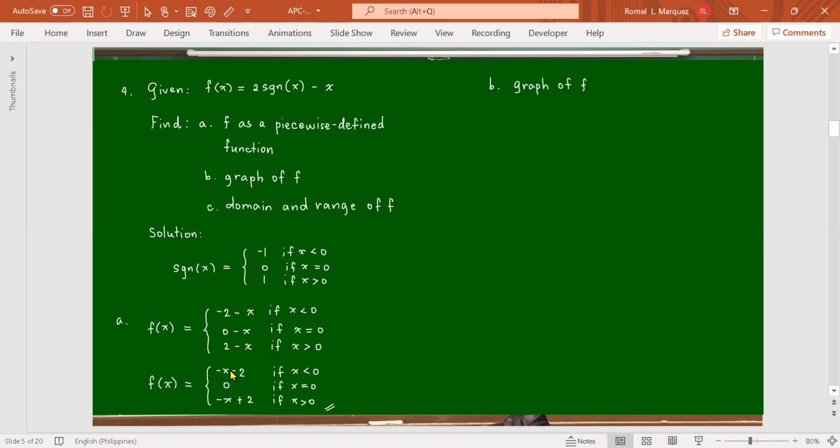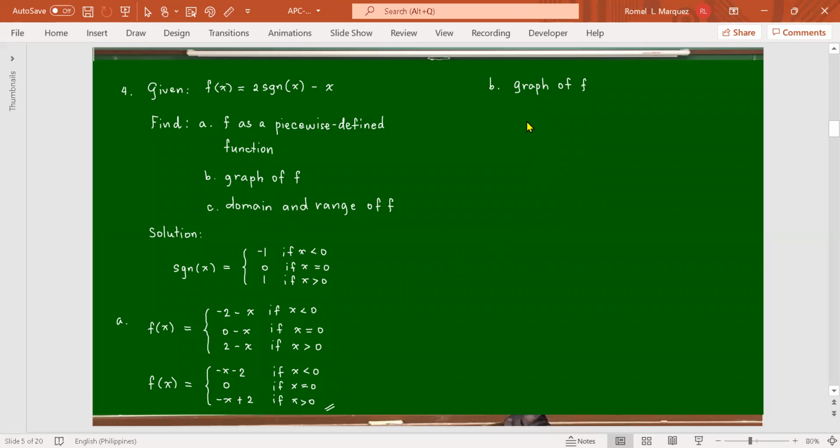Are they connected? Is the first one connected to the second one? It's not, because if x is 0 here, it is negative 2, and if x is 0 here, it is positive 2. So the graphs are not connected. There is one isolated point.